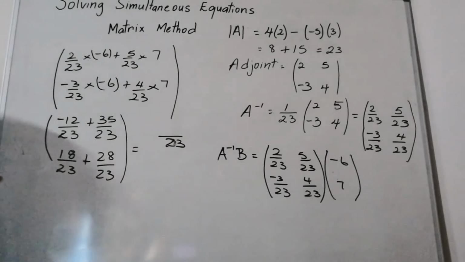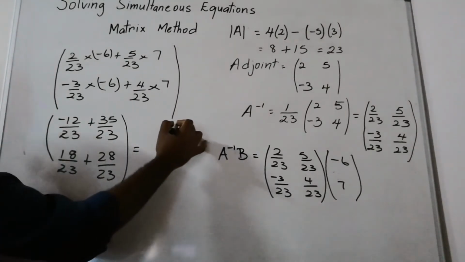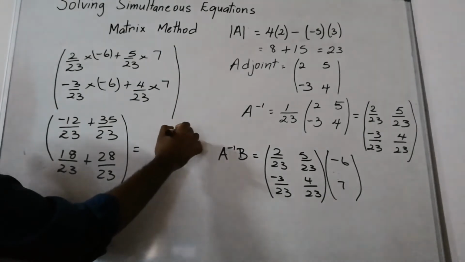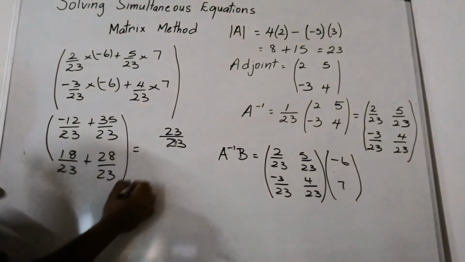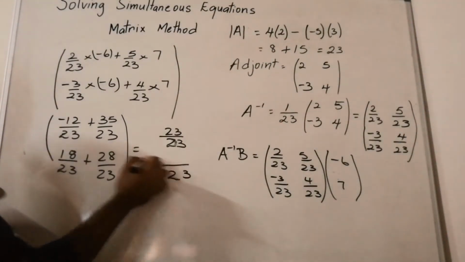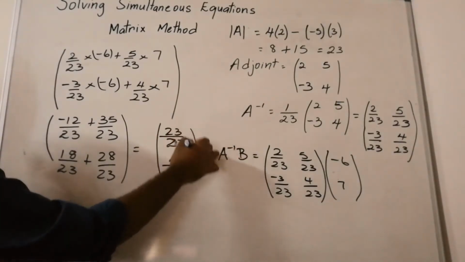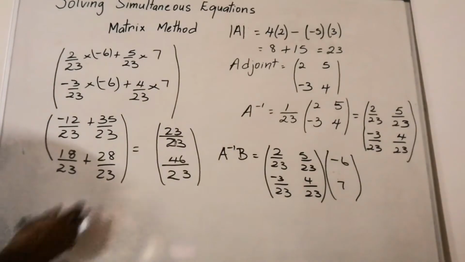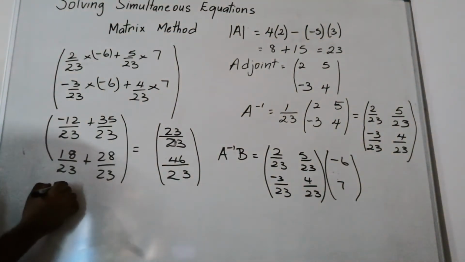Negative 12 plus 35 will give us 23, and 18 plus 28 will give us 46. So 23 divided by 23 will give us 1.